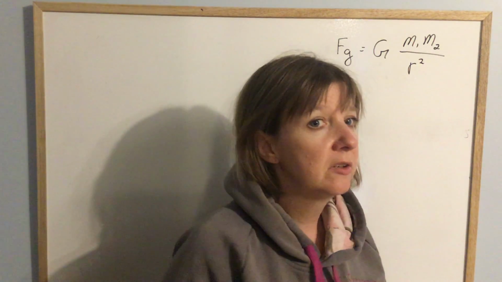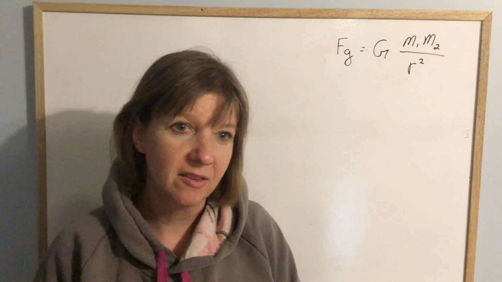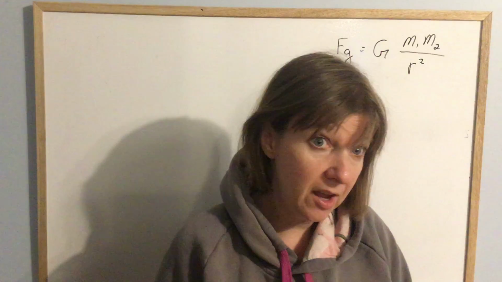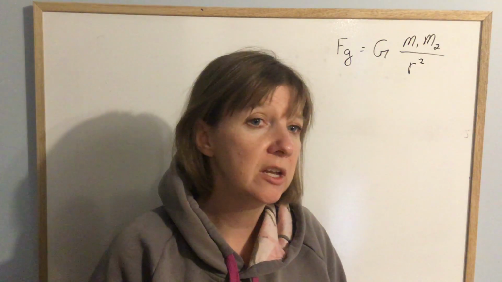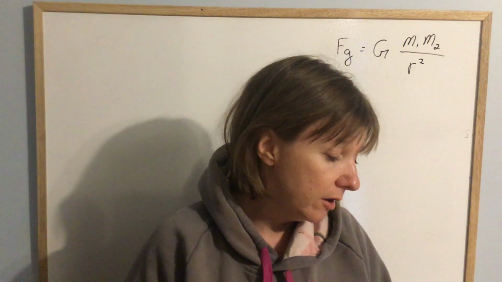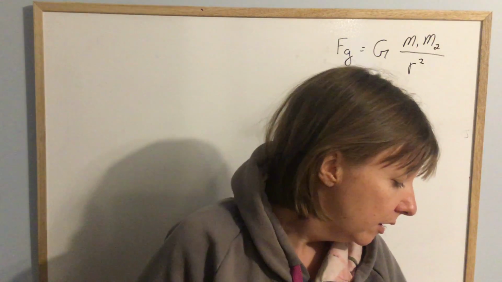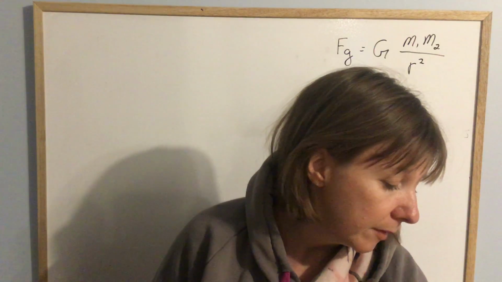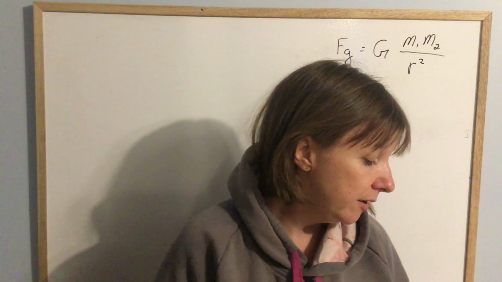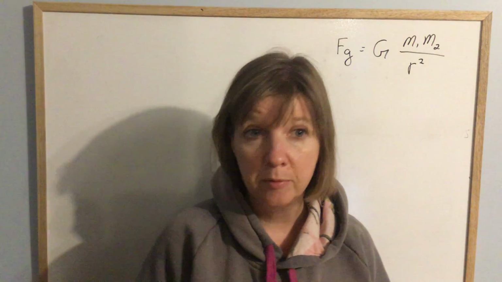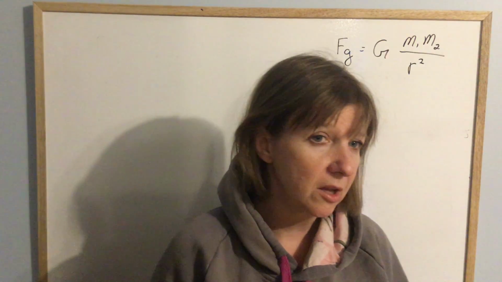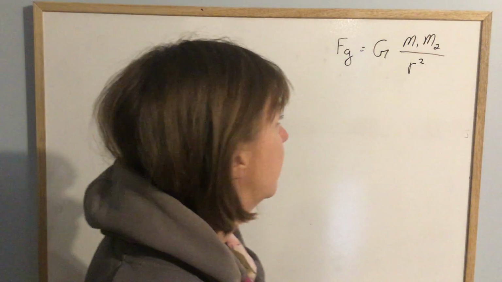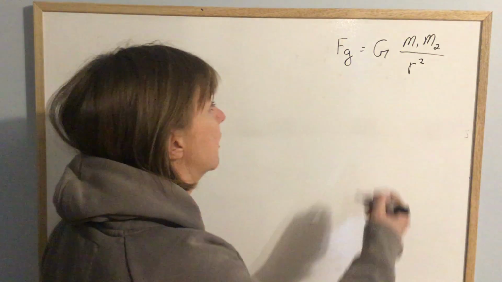The thing was, Newton didn't know what that constant was. We do now because a guy named Cavendish discovered it, which I'll talk about a little bit later, and kind of how he did that, although we're not going to go in depth because it was quite complicated. But I will briefly talk about it later on in this section.